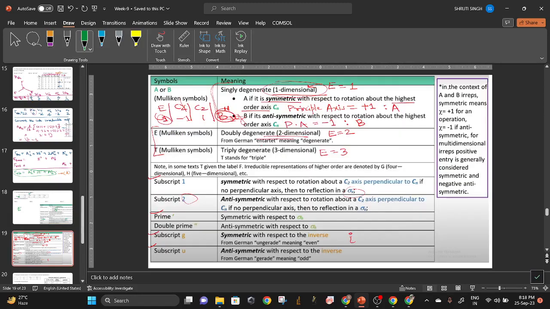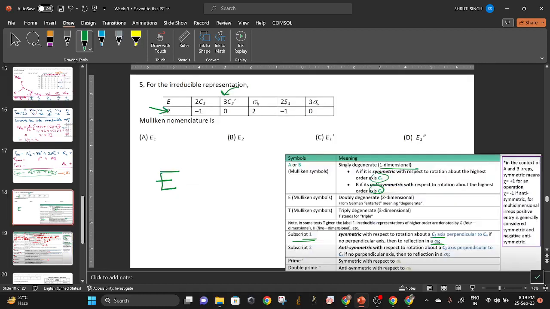Can you see this box? Chi is equal to +1 or -1 for one dimensional basis only. For multi-dimensional, the character under E can be 2, 3, 4, 5 or anything. For a multi-dimensional representation, any positive entry is considered symmetric and any negative entry is considered anti-symmetric.